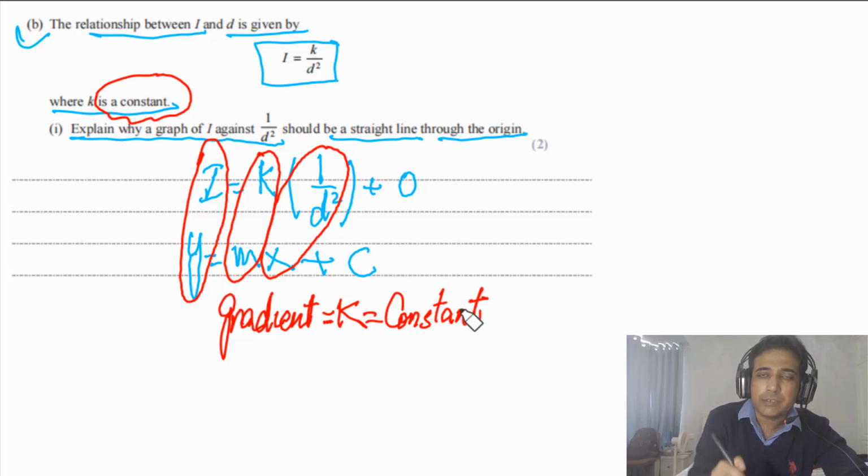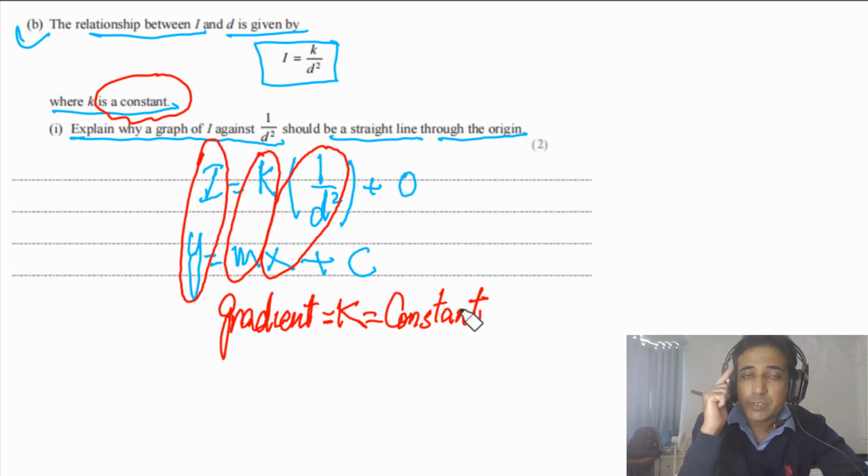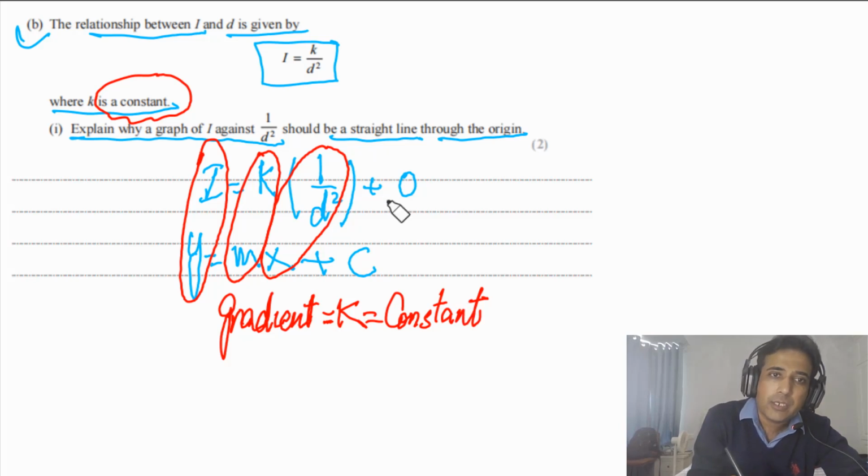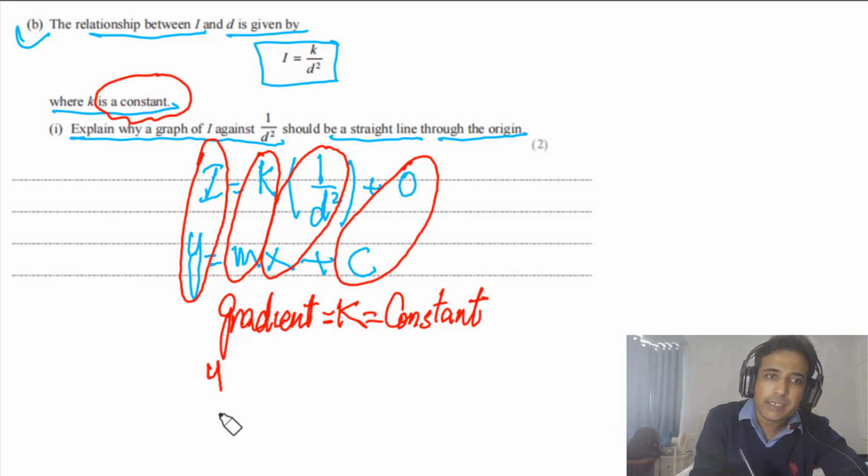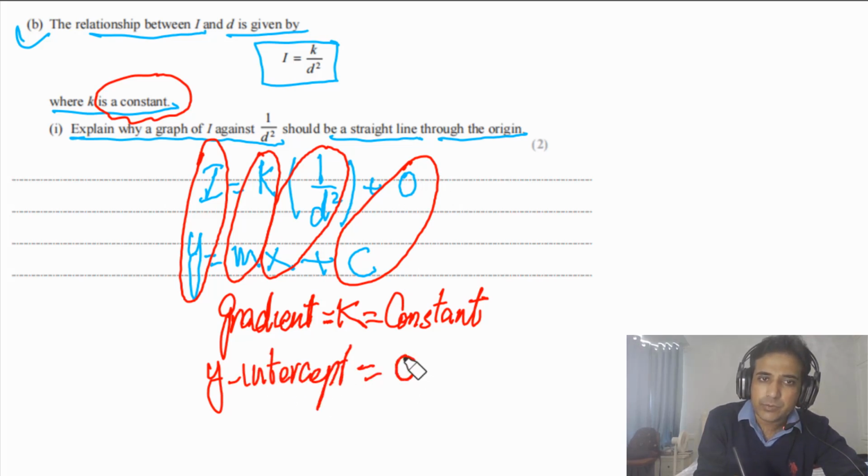So it means it has to be a straight line with constant gradient, and it has to pass through the origin because y-intercept is equal to 0. So as y-intercept is equal to 0, it has to pass through the origin.